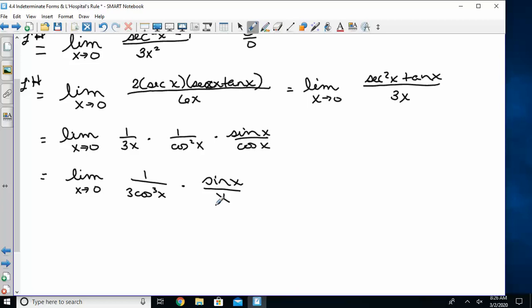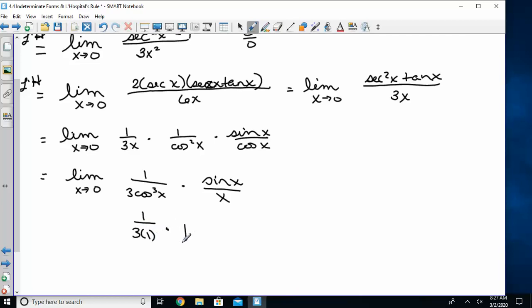Remember, a long time ago, we learned a rule. The limit as x approaches 0 of sine x over x goes to what? 1. Cosine of 0 is 1. Right? So I could evaluate this.